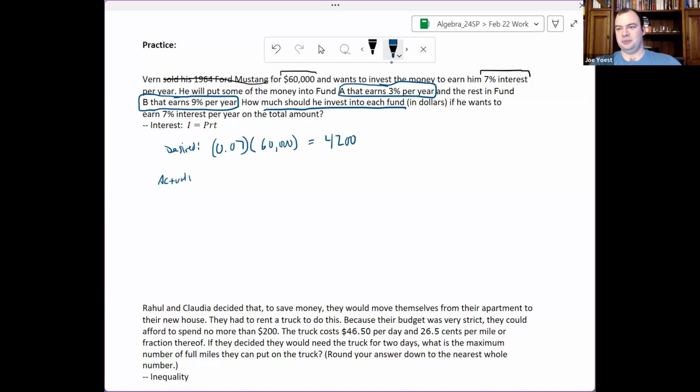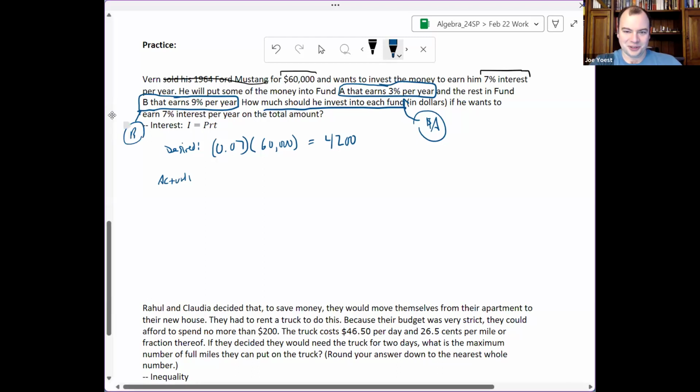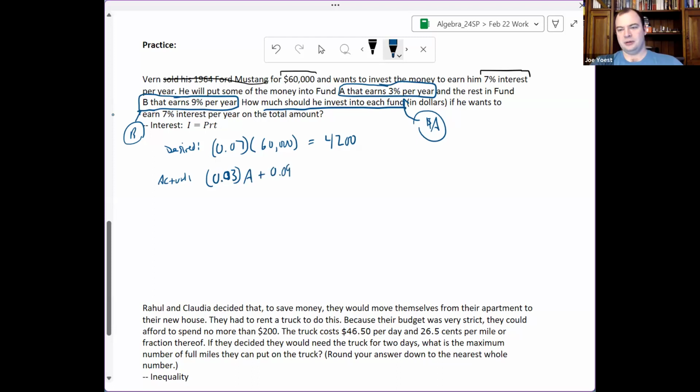Let's say that he puts $A in Fund A and that he puts B dollars in Fund B. So the actual amount of interest he'll earn per year is 0.03 times the amount he puts in Fund A plus 0.09 times the amount he puts in Fund B. And he wants these to be equal to one another.